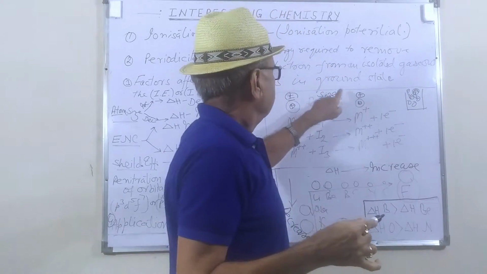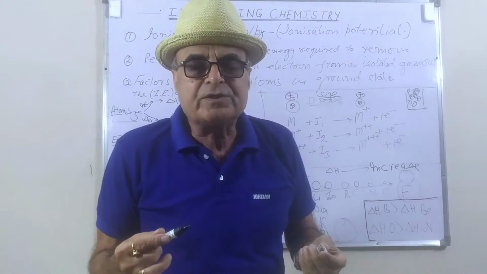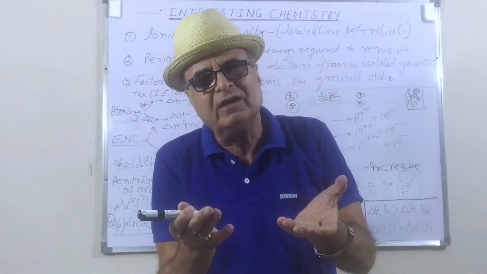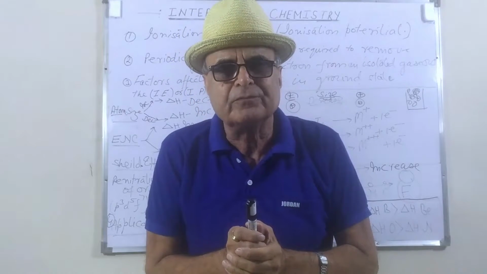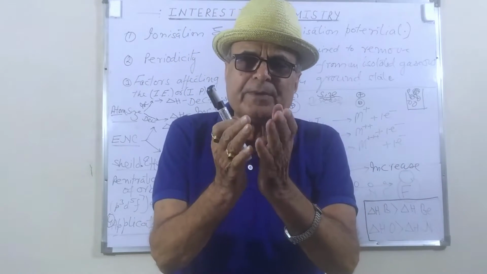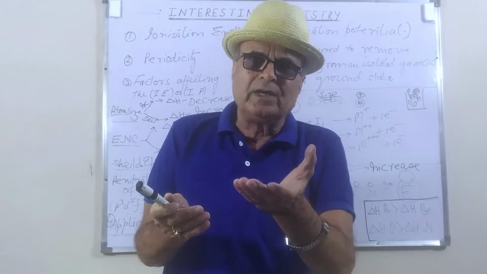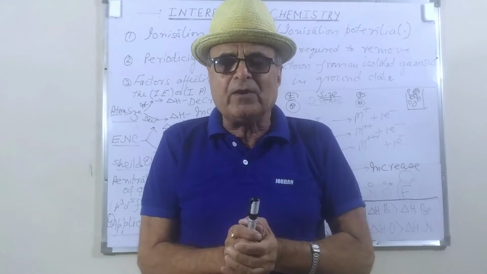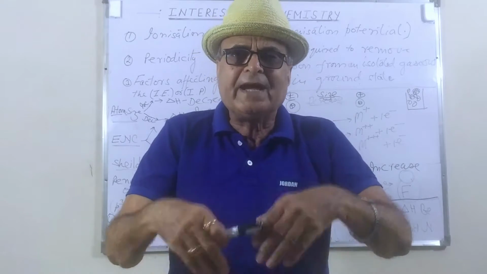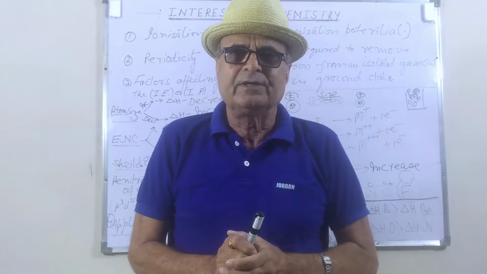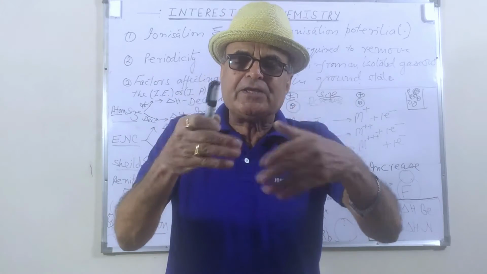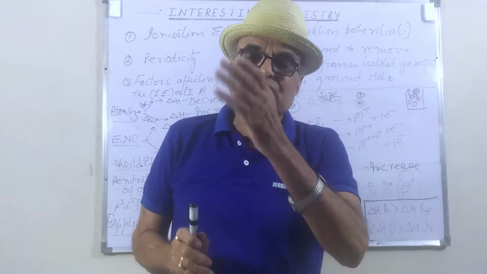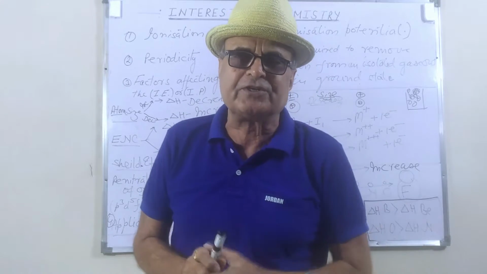Second one, the ground state. The normal state of an atom is called the ground state. If you provide some energy to an atom, the electron of that atom will get excited. They will acquire their place in a higher energy level, and that state is called the excited state.